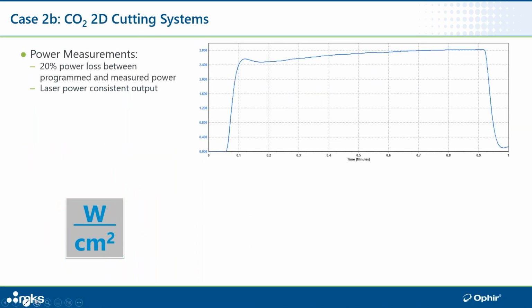The second laser cutting system that we measured was exhibiting about a 20% loss of laser power from what was being programmed to what was being measured. So as a result, you just can't say for sure that you are producing good parts when you have a power drop like that.